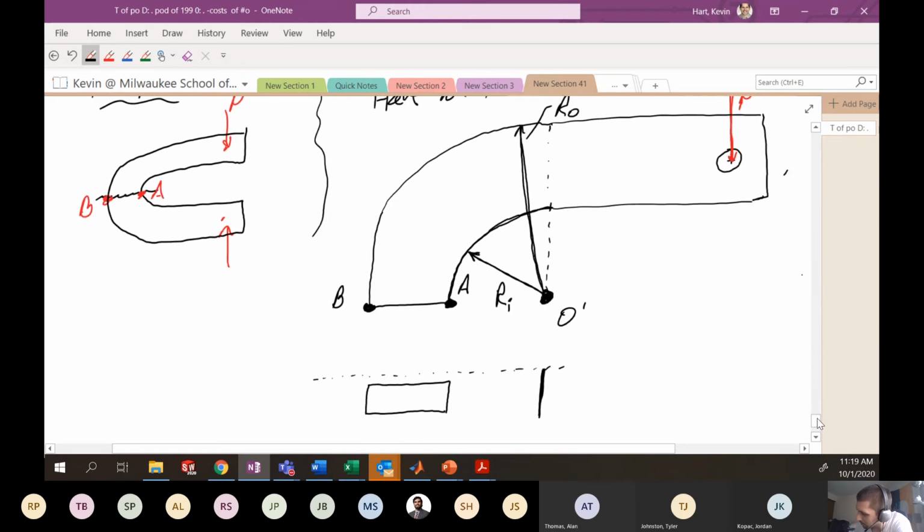So if you're looking at this projected view, this would be the distance capital R_I, and this would be the distance capital R_O. And this rectangular cross section has dimensions h by t. Here's the height h, and here's the thickness t.